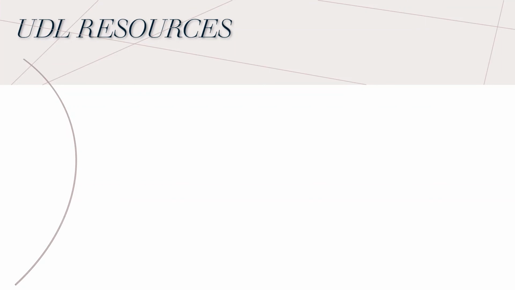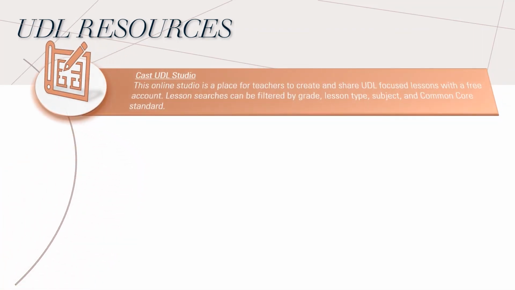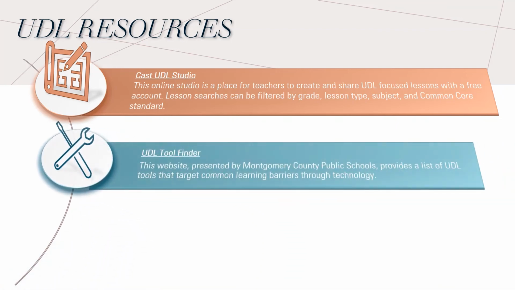Here are a few resources that you can use as you continue your research about UDL. The CAST UDL Studio is an online studio where teachers can learn and share UDL-focused lessons. The UDL Tool Finder is a website that provides a list of UDL tools that target common learning barriers.